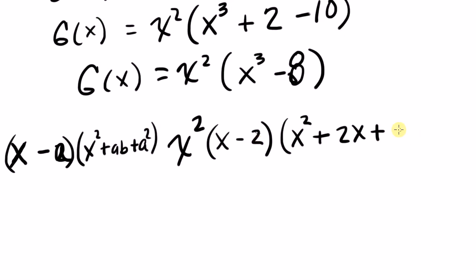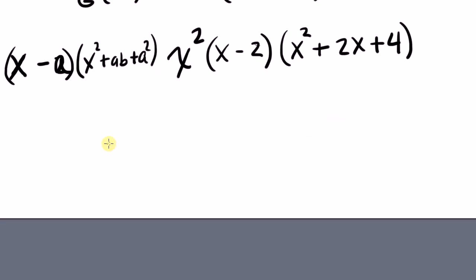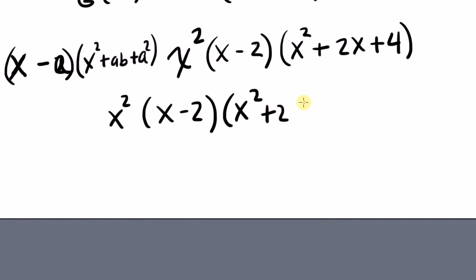Alright. And now we can factor this a little further. So we get x squared times x minus 2 times x squared plus 2x plus 4. This guy is the guy that we're going to factor more. This becomes x plus 2 times x plus 2.